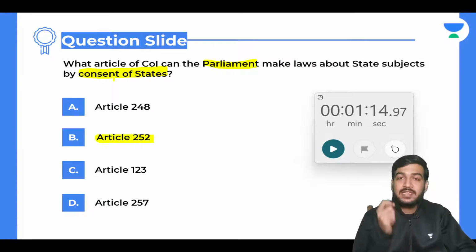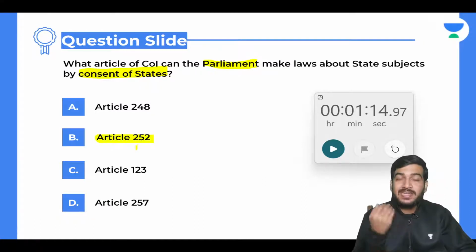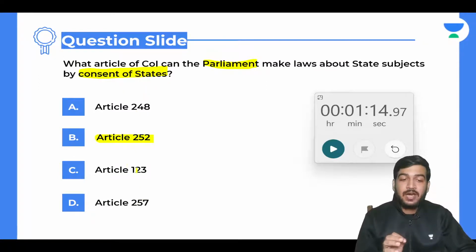So, whenever the states' consent is required, it is Article 252. Whenever it is done by the Union itself through Rajya Sabha, then it is 257. This is the distinction. Article 123 is the ordinance route. 248 is residuary powers and 252 is consent of the states.